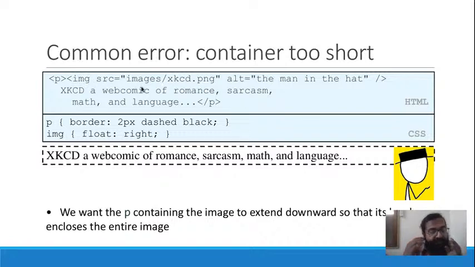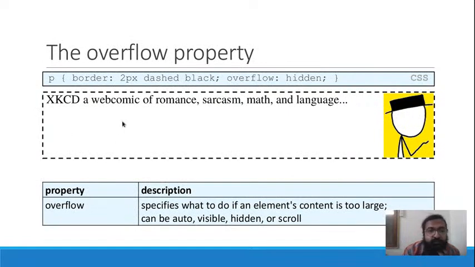So in essence what you really wanted was that the image should be treated as content of the p block. Which means that if it is treated as content in the p block, then the border at the bottom should have gone below the image. So we can use the overflow property.